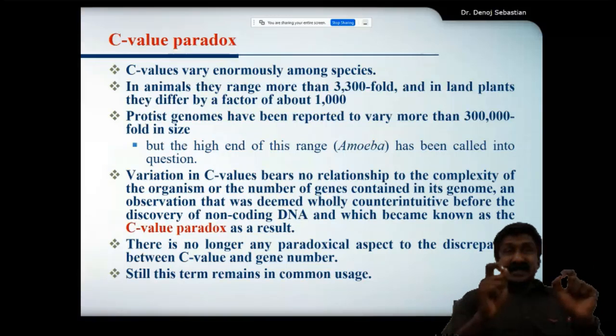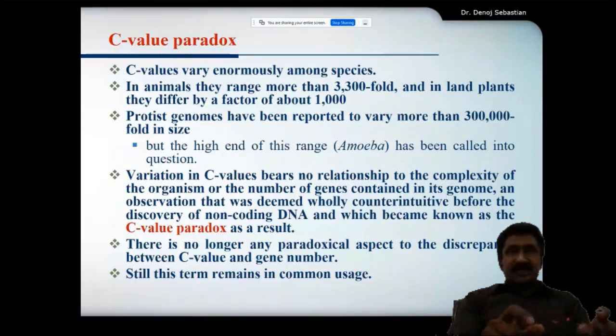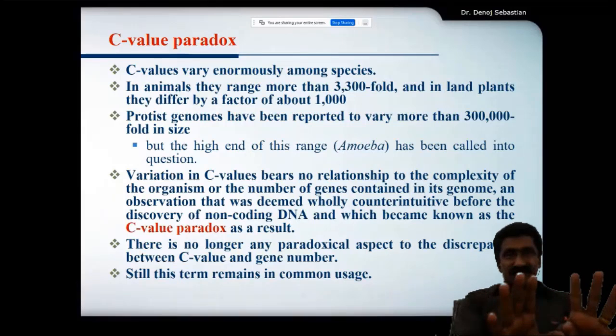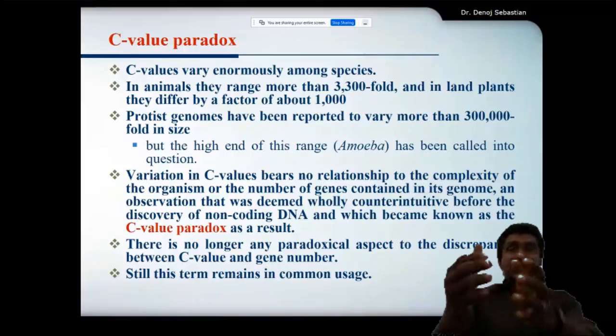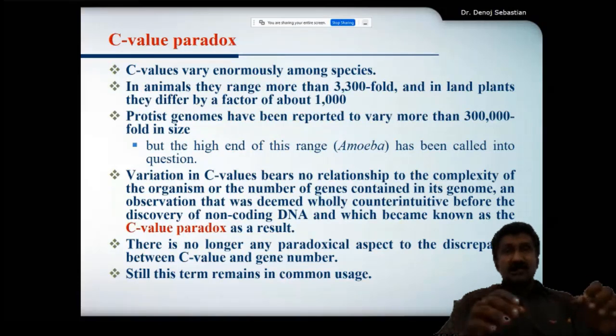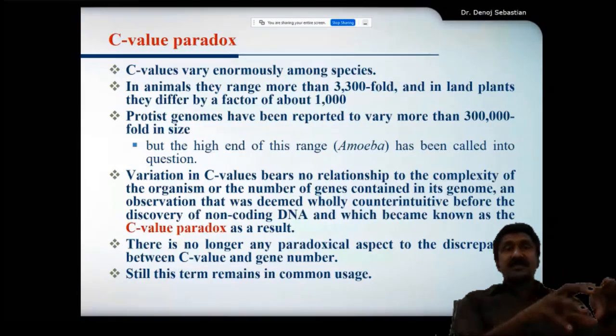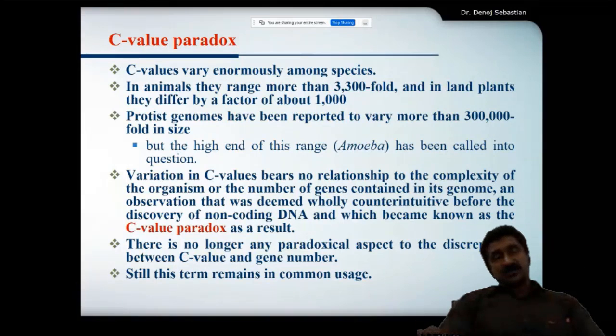We can say that biological complexity may be directly proportional to the coding regions, and then there will not be any paradox. But if you compare the overall genomic content with the biological complexity, there will not be any direct correlation, because of the difference in the percentage of non-coding regions present in the genome.